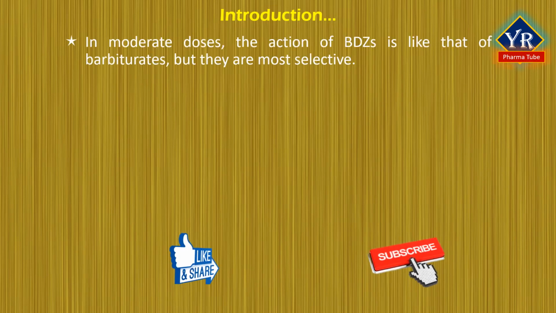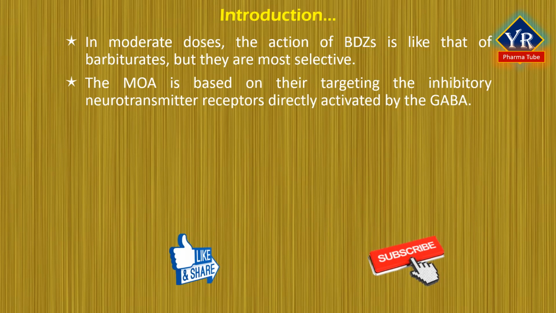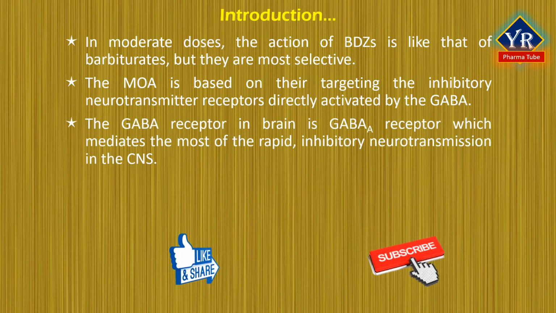In moderate doses, the actions of benzodiazepines are remarkably like those of barbiturates, but they are more selective. The mode of action of benzodiazepines is reportedly based on their targeting the inhibitory neurotransmitter receptors directly activated by GABA, that is gamma aminobutyric acid. The major type of GABA receptor in the brain is the GABA A receptor, which mediates most of the rapid inhibitory neurotransmission in the central nervous system.